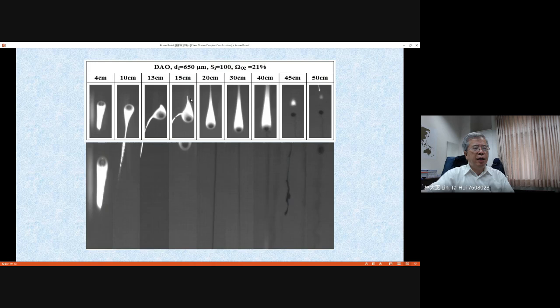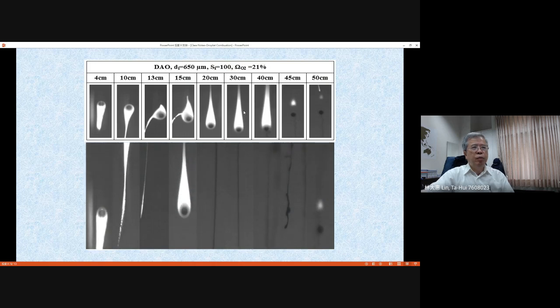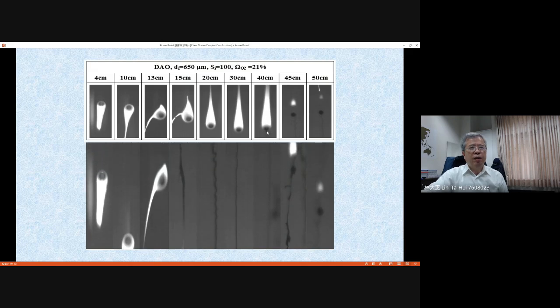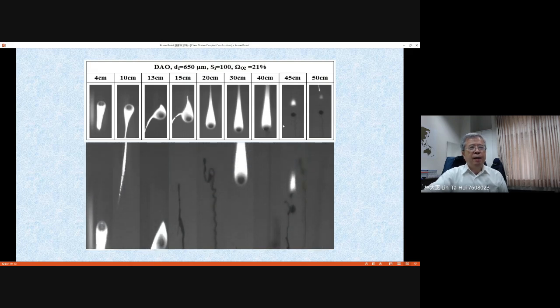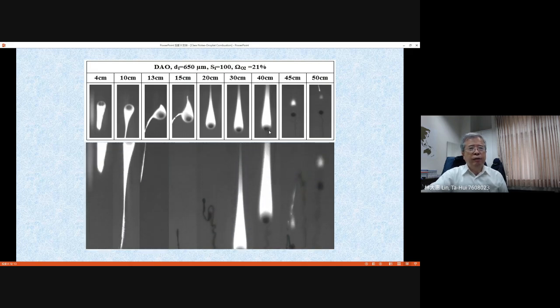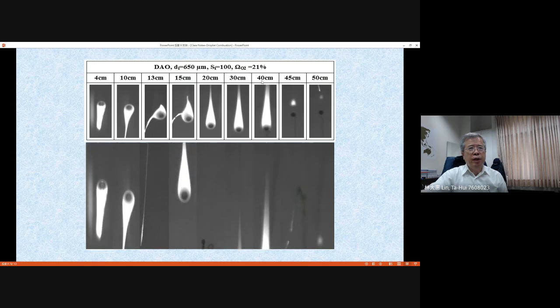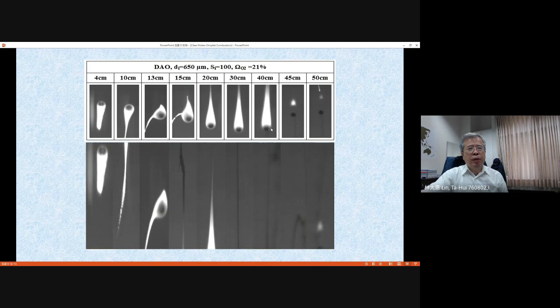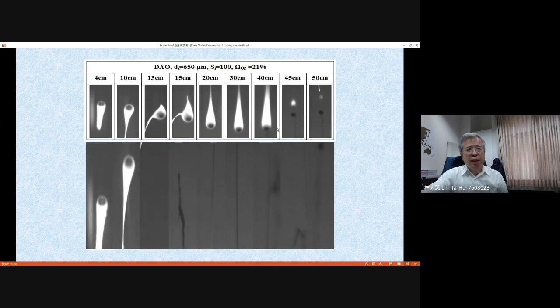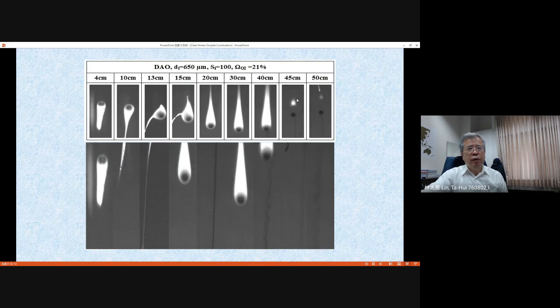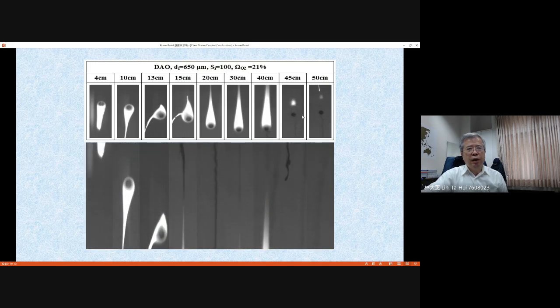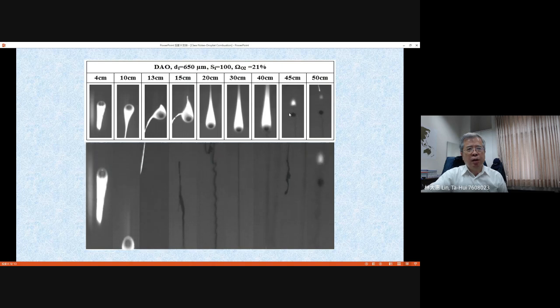And the flame length continuously increases if you move to the very downstream side of your combustion chamber. Finally, you will find out that from 40 to 45 centimeter, they have some side flame, and later on the flame will be pushed to the wake regions of your flow. And you can see there is no flame surrounding the droplets.